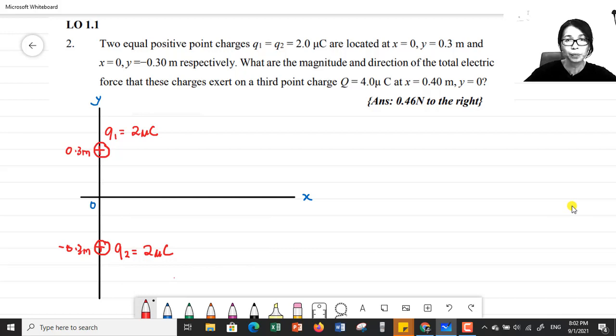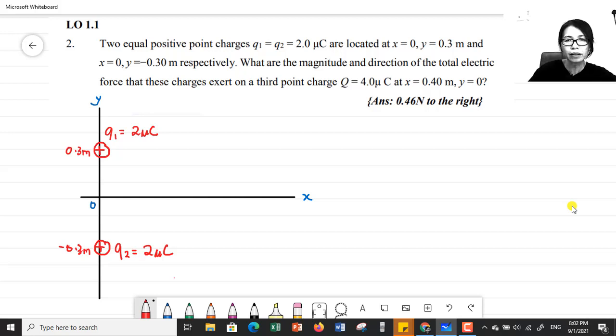Okay, so what are the magnitude and direction of the total electric force that these charges exert on a third point charge Q equal to 4 microcoulomb at x equal to 0.4 meter, y equal to 0.